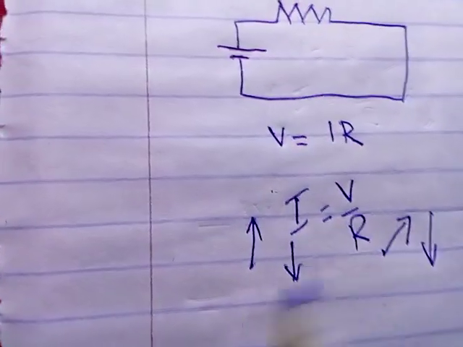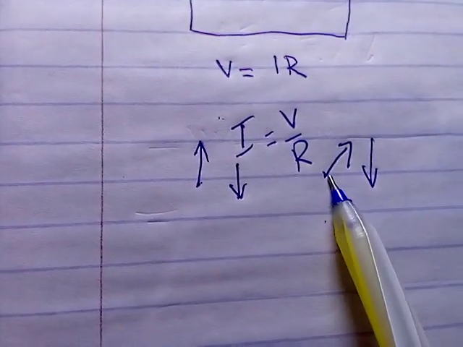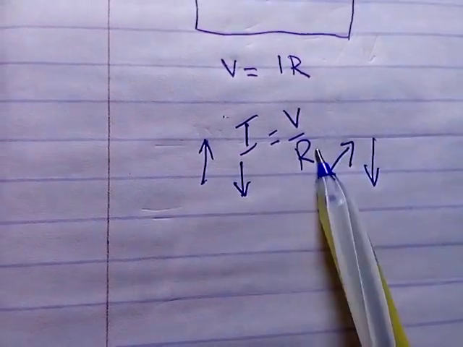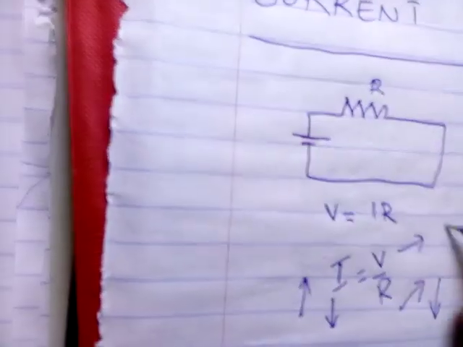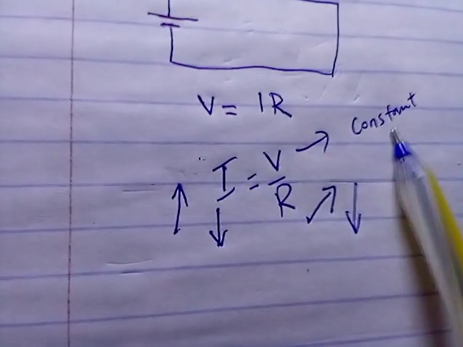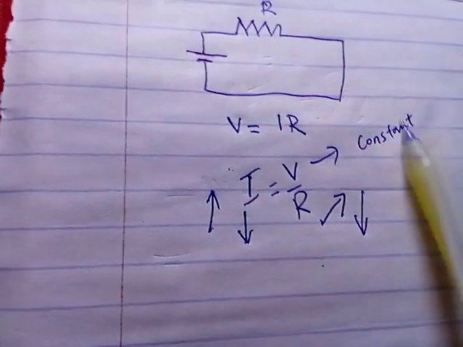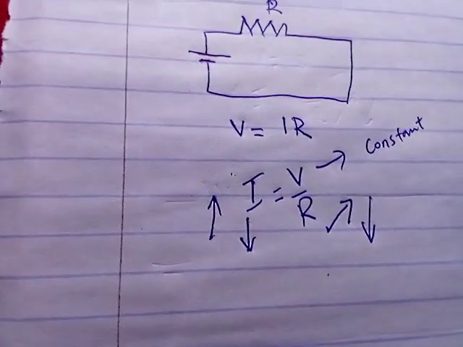So that is how they work. When this phenomenon of current increasing or resistance increasing happens, the voltage must remain constant. That is very important to know.